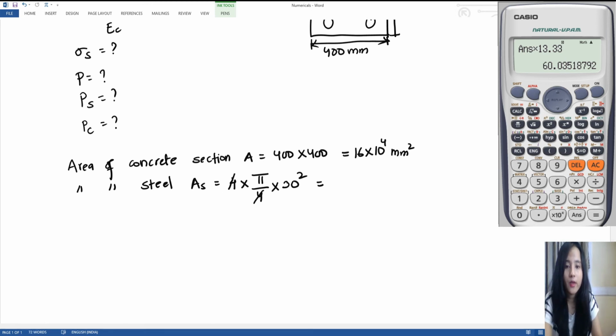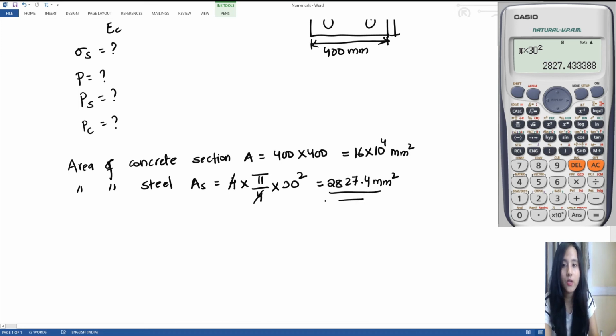We have pi into 30 square. So we get 2827.4 mm square. So we have area of steel also.